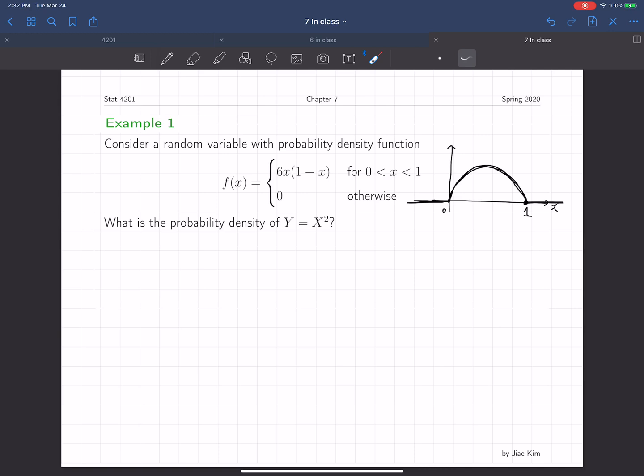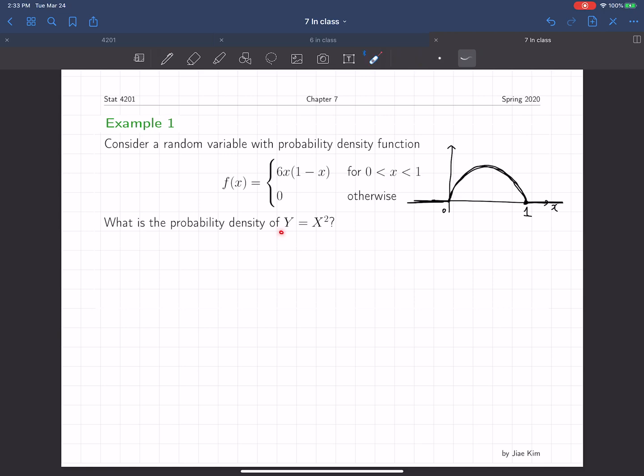When you attack this through the distribution function technique, the first step is to identify the range of Y. The word range could be confusing, because we call the possible values of X the domain or support of X, and now we call the possible values of Y the range.